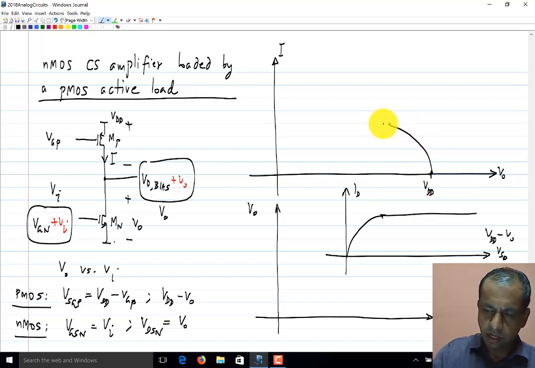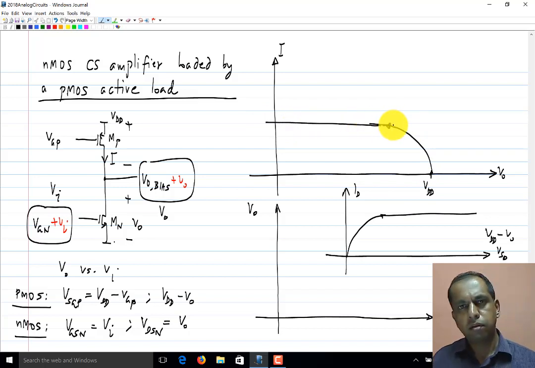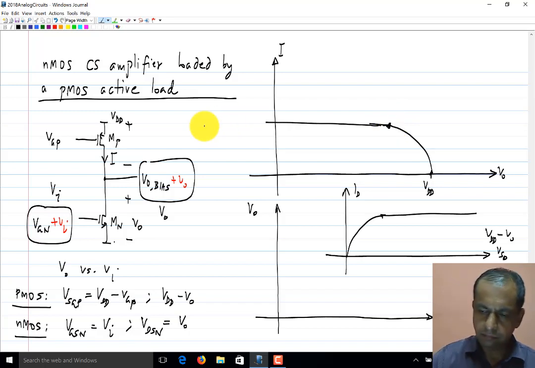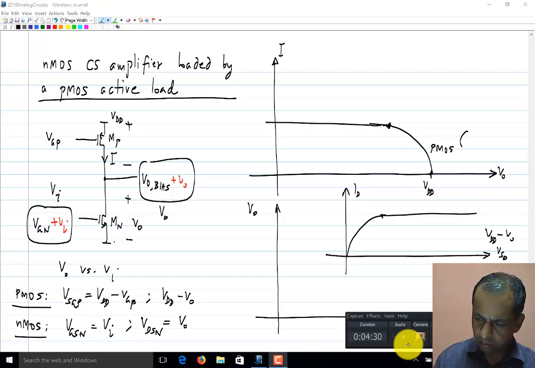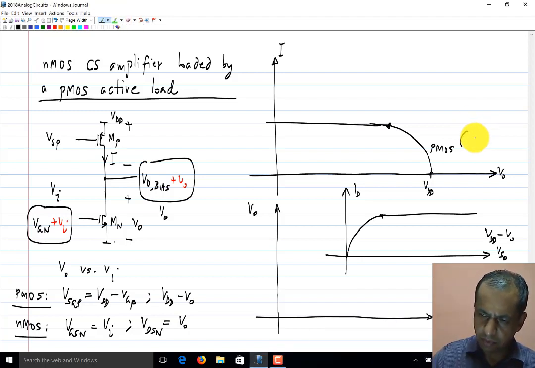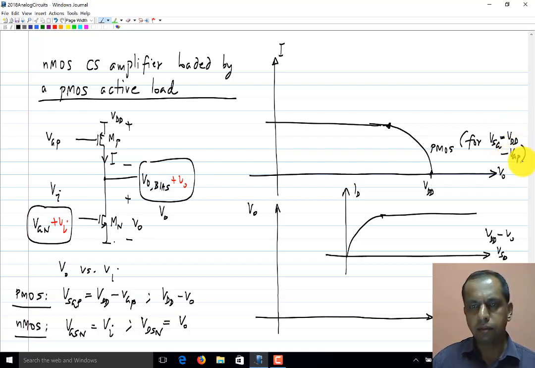So it will have a characteristic like this with some saturation current. So this is for PMOS, for VSD equal to VDD minus VGT.